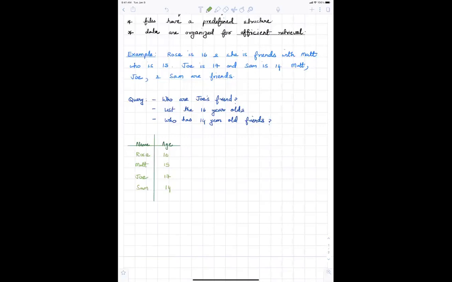So we have another file where we keep name and we keep the names of the friends. Okay, so we have Rose and we have Matt. We have Matt. And we can write all of them. And Matt has two friends, Joe and Sam, but in databases, it's easier if you put just one piece of information everywhere for retrieval and all.